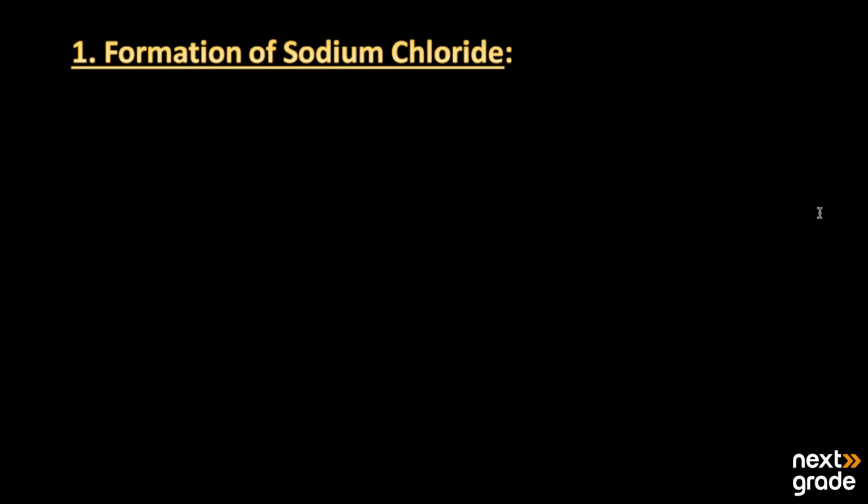The first one is the formation of sodium chloride. The formula for sodium chloride is NaCl. This is the simple common salt that we use at home, as it is edible. How is NaCl formed? What type of force of attraction is held between sodium and chlorine?